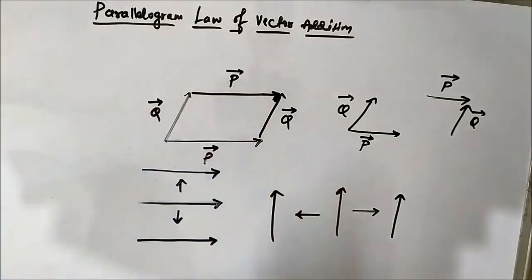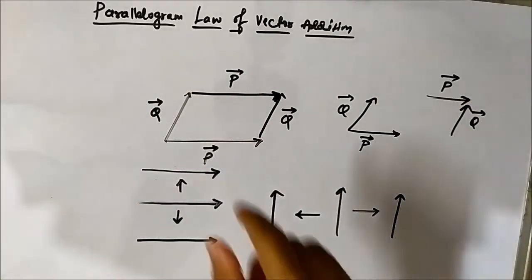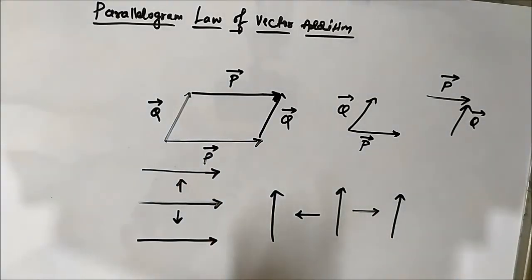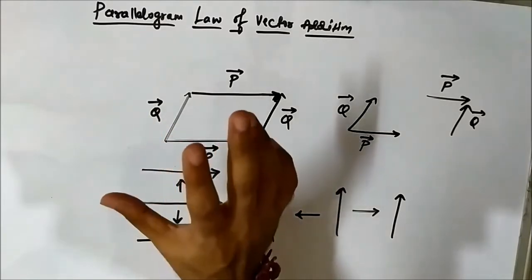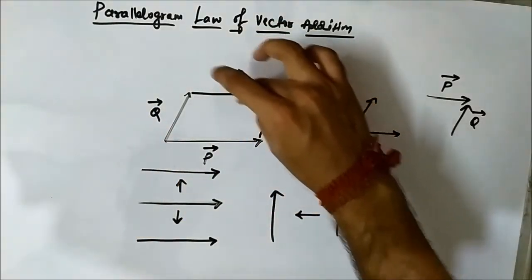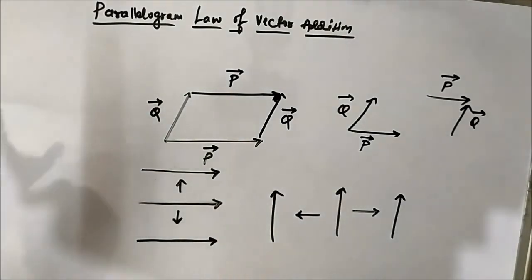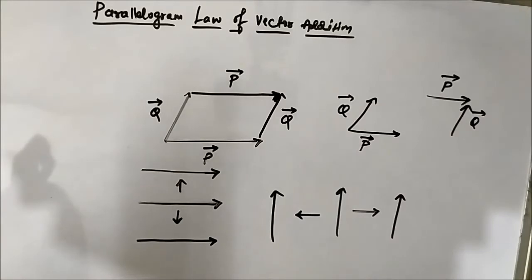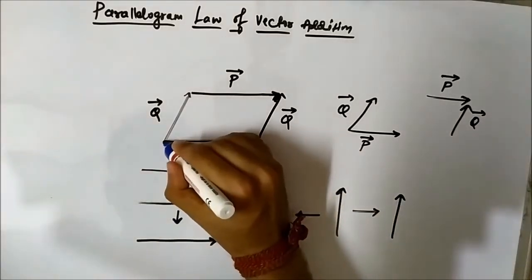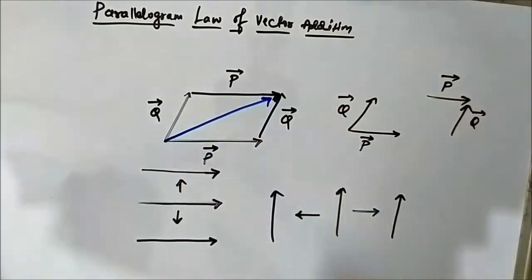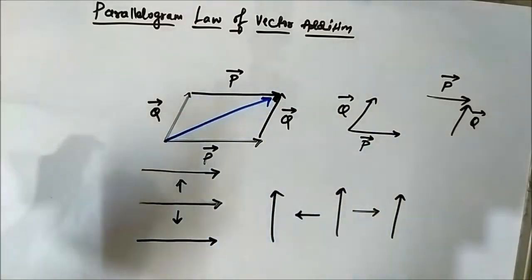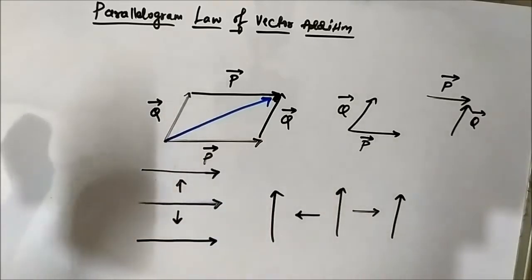Now, according to the parallelogram law of vector addition, if two vector quantities are acting simultaneously at a particular point, in this case P vector and Q vector, and they are represented in magnitude and direction as the two adjacent sides of a parallelogram, then the resultant vector is the diagonal of the parallelogram passing through the point at which the two vector quantities are acting.